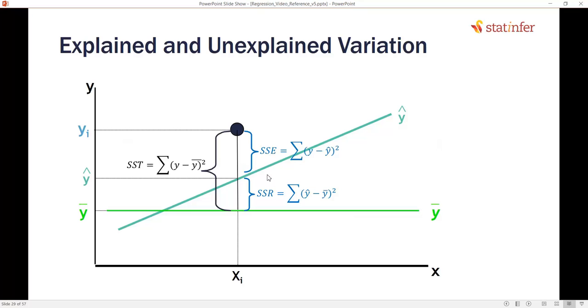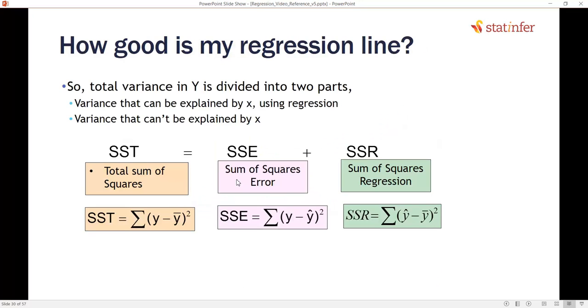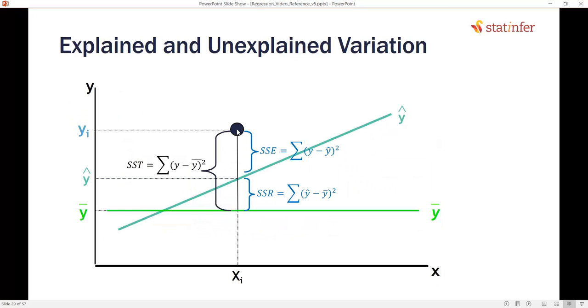This is the regression line. At this particular point, using x, I can predict y as this one, right? Whatever is between this predicted value and the actual value, that is the error. Till here we did not make any error, so that is the regression sum of squares.